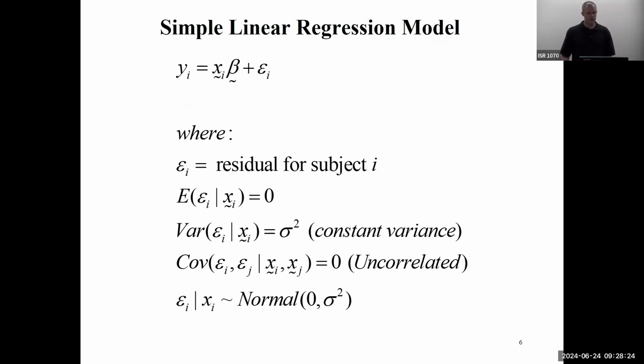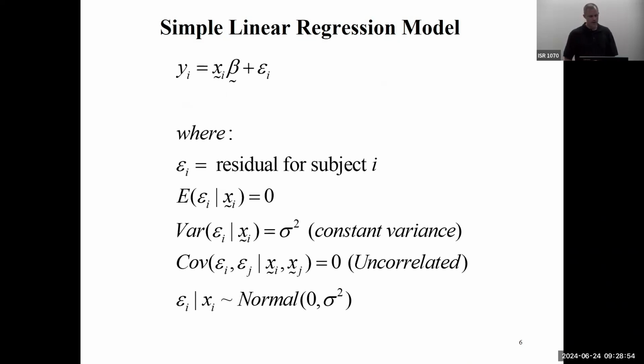Another assumption that we make in the simple linear regression model is that the variance of those residuals, conditional on the vector of predictor variables, is equal to sigma squared, or a constant. We're going to use sigma squared to refer to that constant error variance that defines a model of interest. But that's an assumption, that that error variance does not change depending on the values of the predictor variables. Okay, we assume constant variance no matter the values of the predictor variables that we choose.